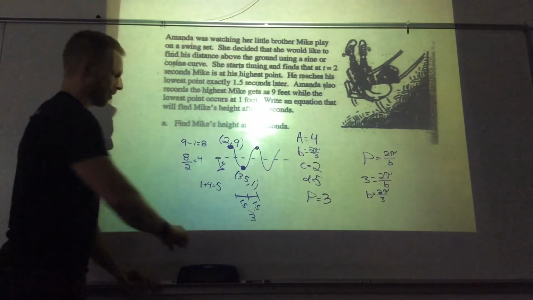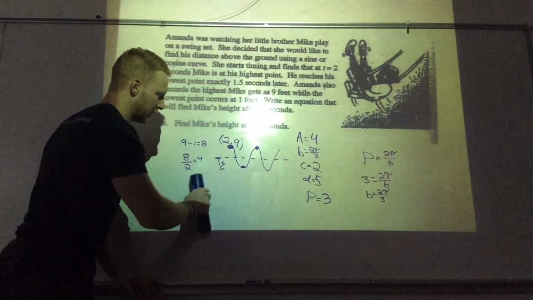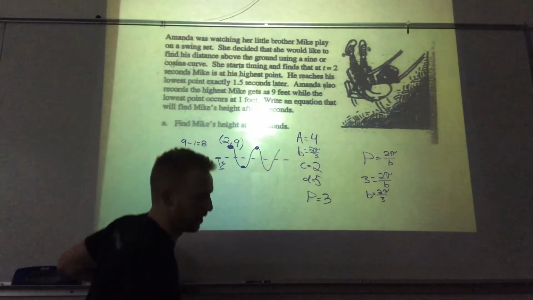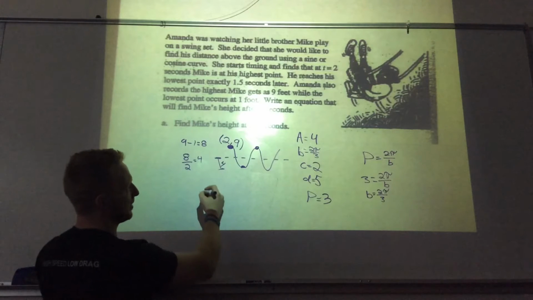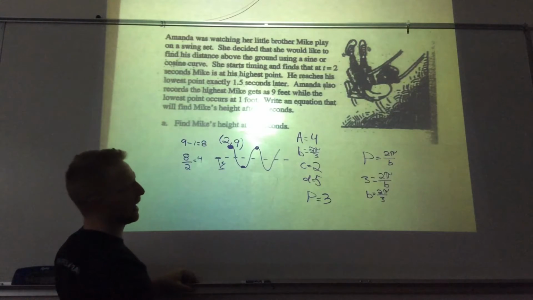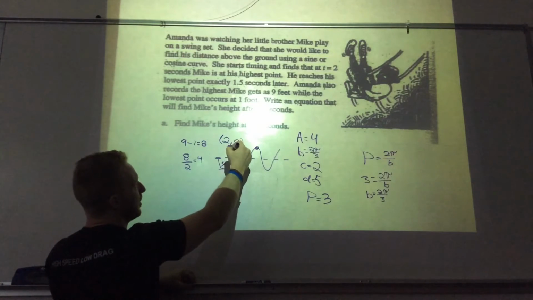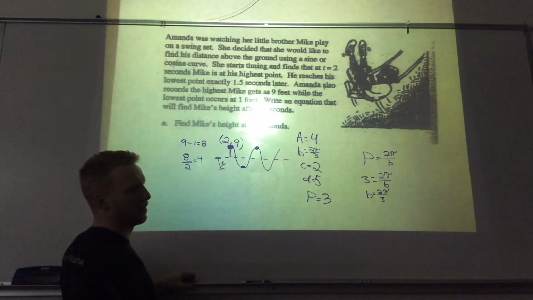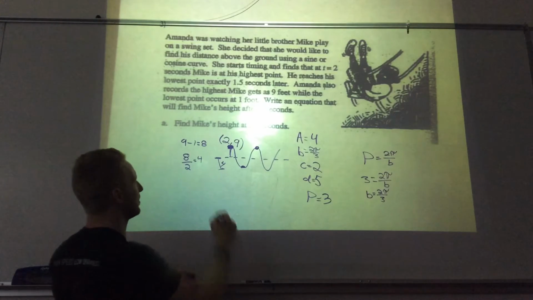Let's write our trig function. I'm going to erase some of this junk here. If you need it, just go back in the video. Duh, common sense. All right, here we go. So we've got to decide sine or cosine. Where did we start? At a maximum. So there we go. We've got to use cosine.